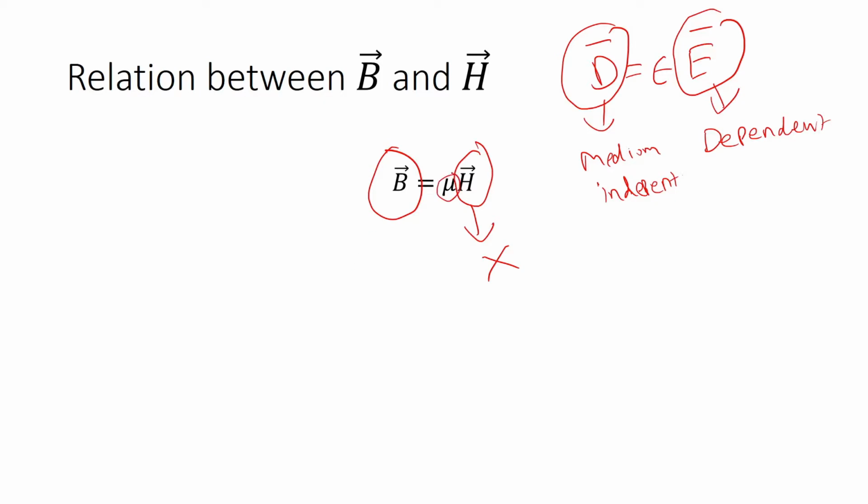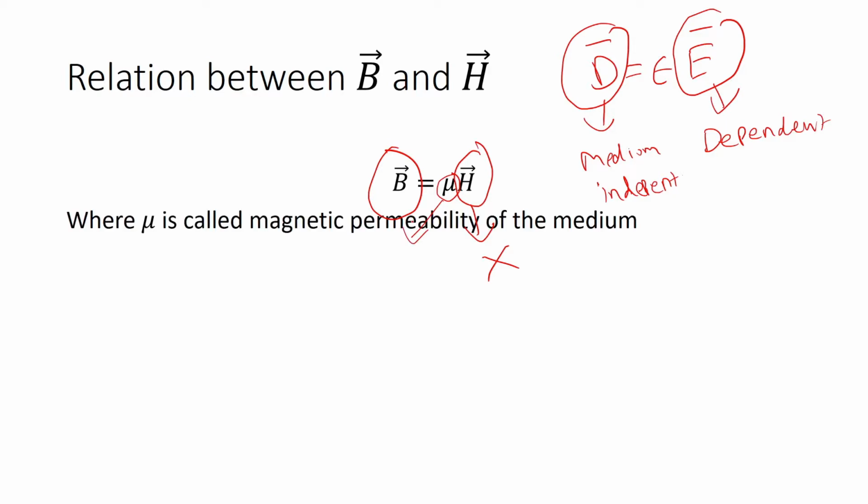The scalar mu is called the permeability of the medium. It is the ability of the medium to allow the magnetic flux lines to pass through it. That is a small relationship between the electric field relation and the magnetic field relation.